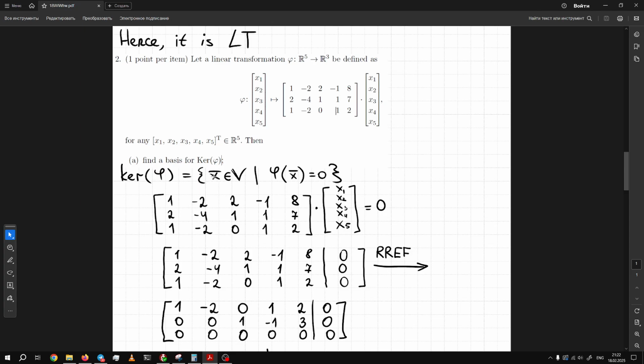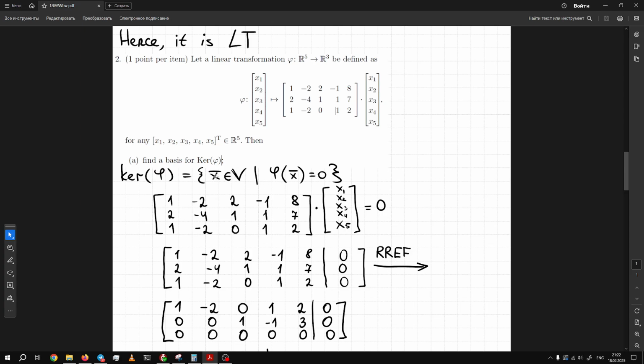So as you can see, from any vector x from space V, where this is set builder notation from discrete math we studied on previous lessons.